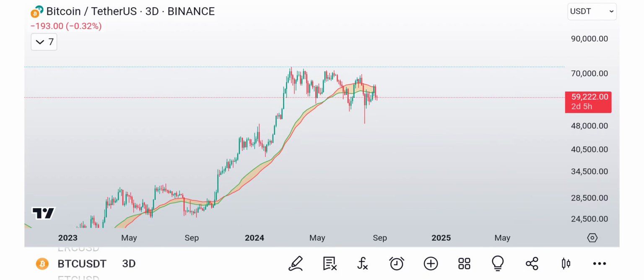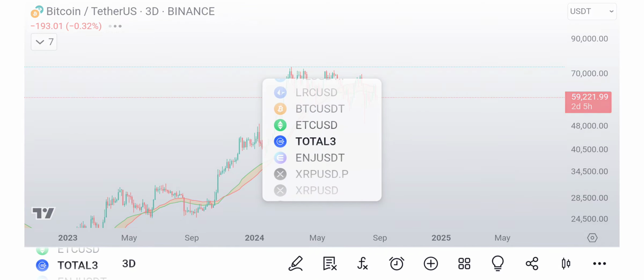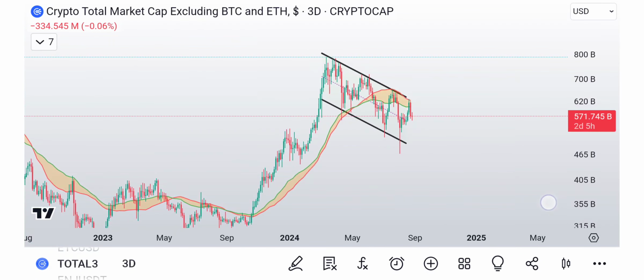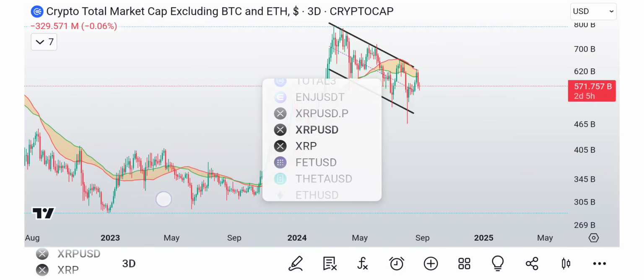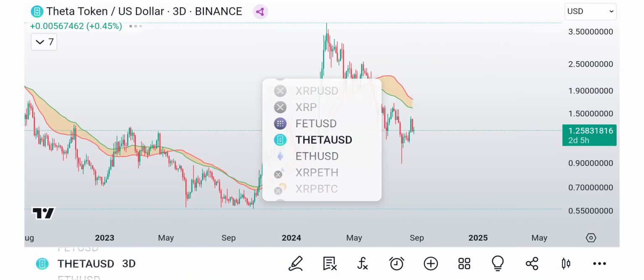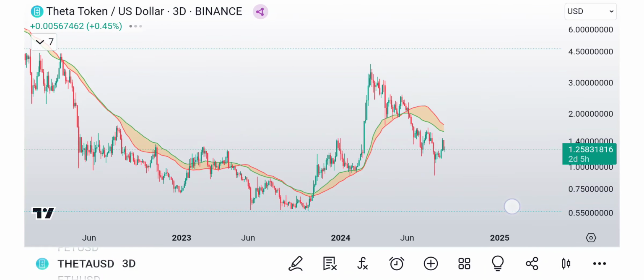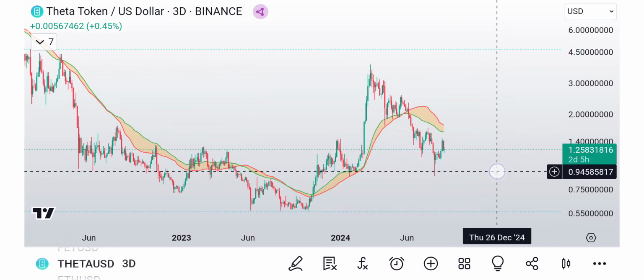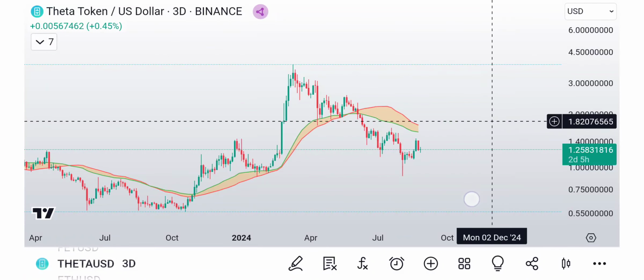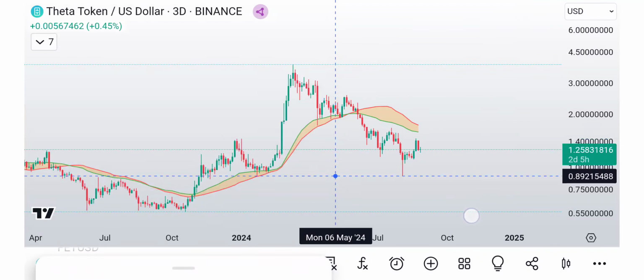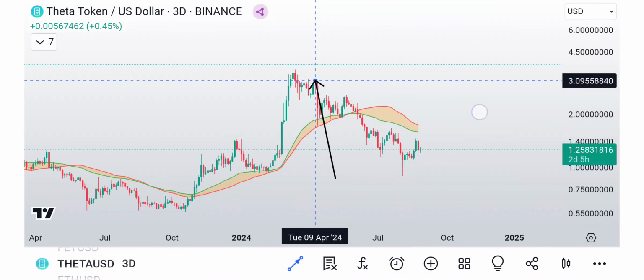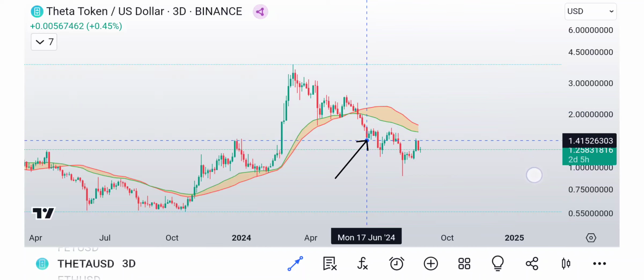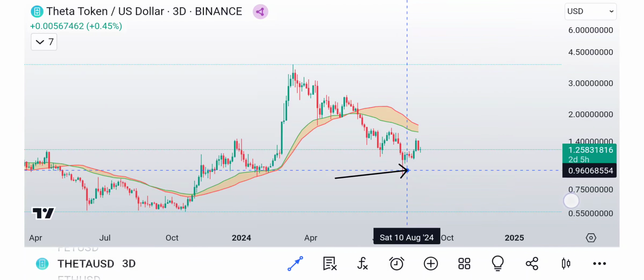But for me, when I look at the altcoins, like let's look at Theta. Theta has got about, again, 1, 2, 3, 4, 5, 6, 7 waves down.